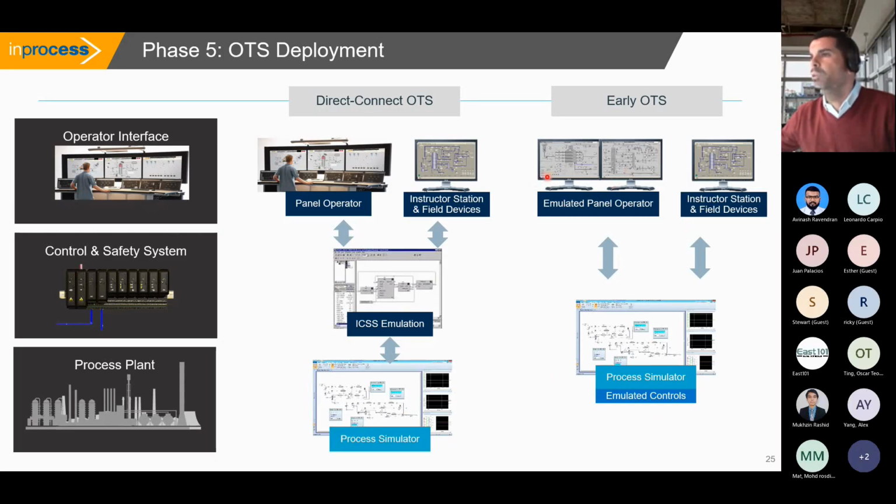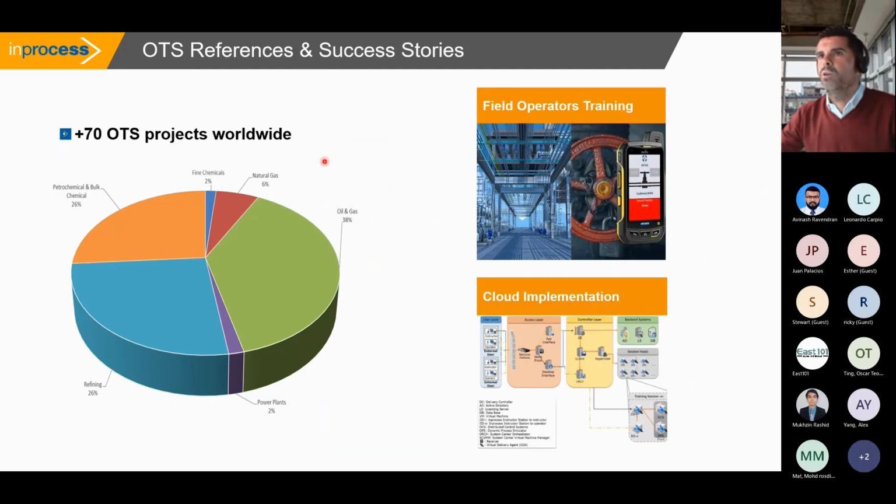This is just to show you the difference in what we call early OTS, which we first deploy to allow early training while the ICSS vendor is completing their databases, and this other architecture is once this is available, once we have the checkout, so we complete and finalize the deployment of the OTS, right?